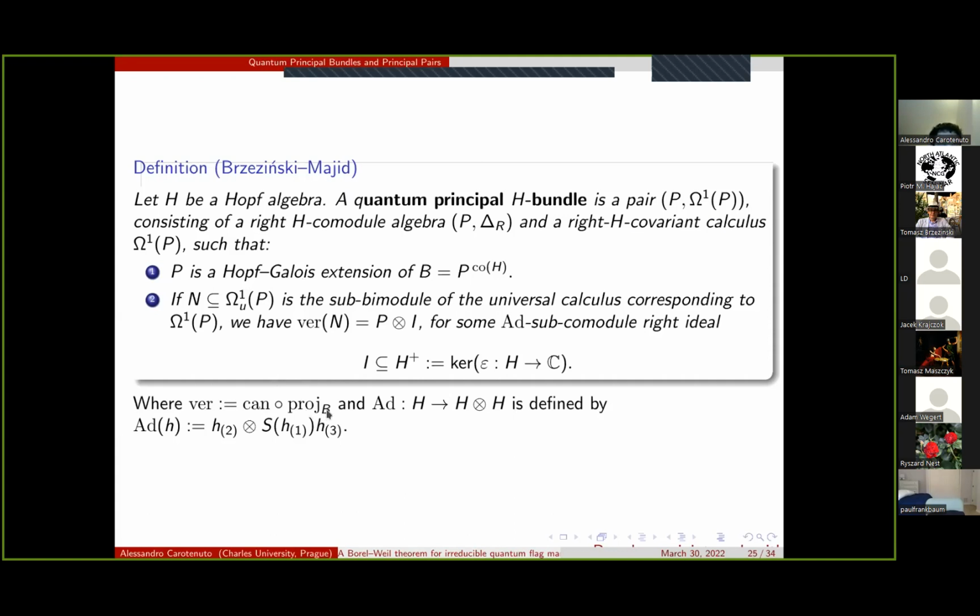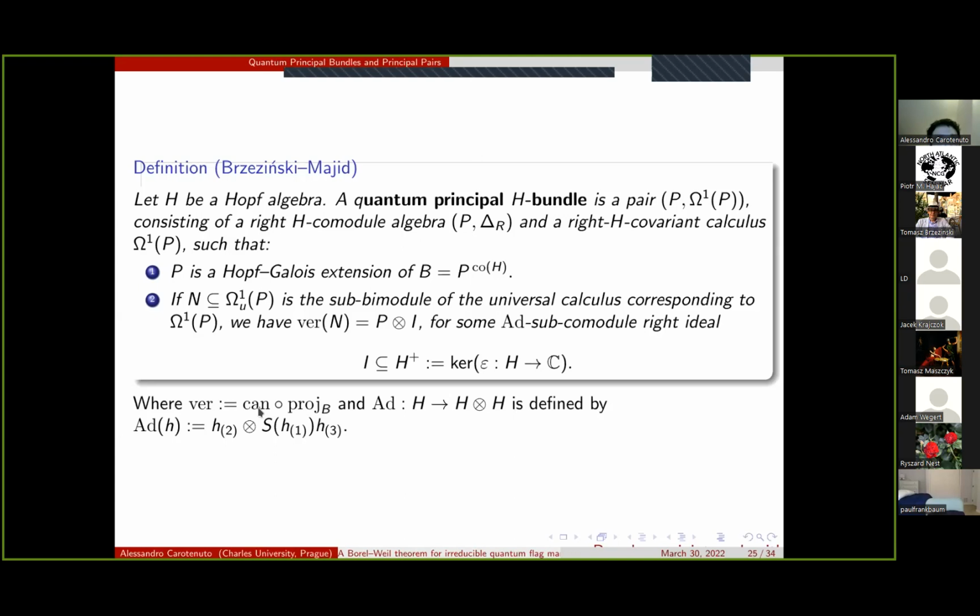Omega^1 universal of P lives inside of P tensor P, and we consider the projection over the balanced tensor product.